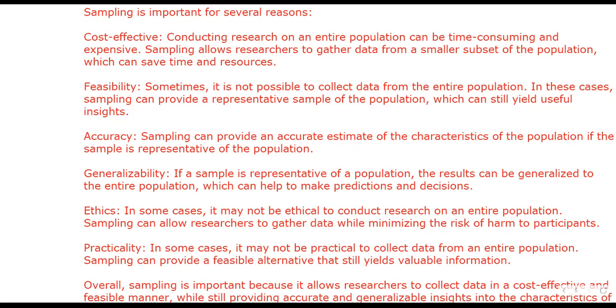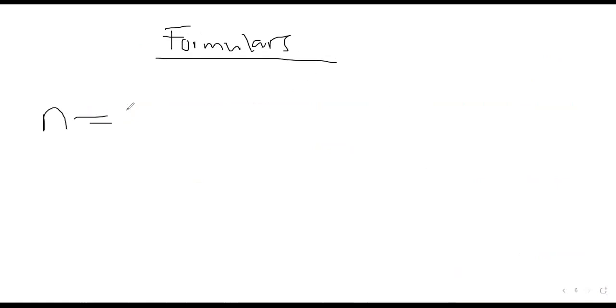Now let's go to the formulas, the quantitative part of sampling. I'm going to take you through formulas. We're going to deal with a sample and a proportion. n stands for a sample.